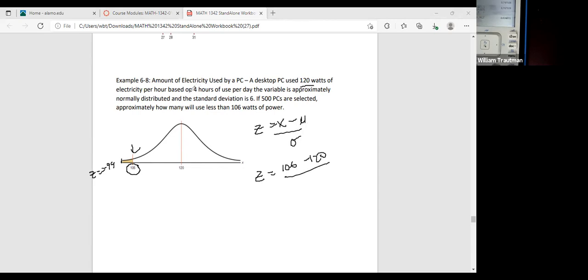And standard deviation is 6. So the Z value in that place is -2, I believe. 106 minus 120 divided by, no, it's not -2. Divided by 6, sorry.